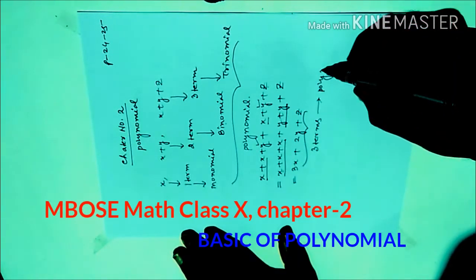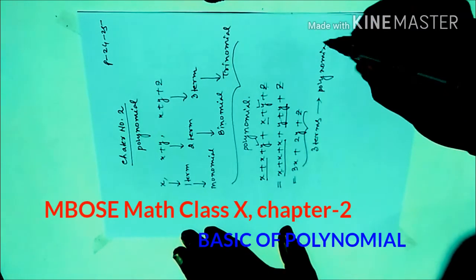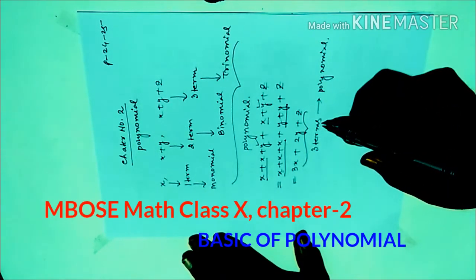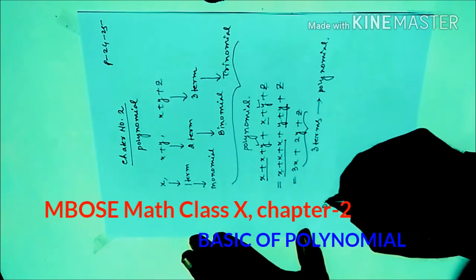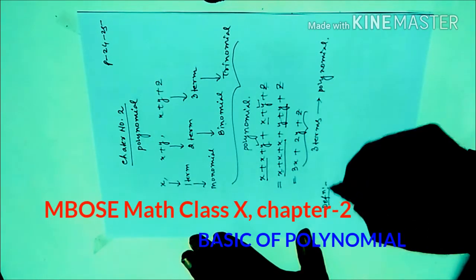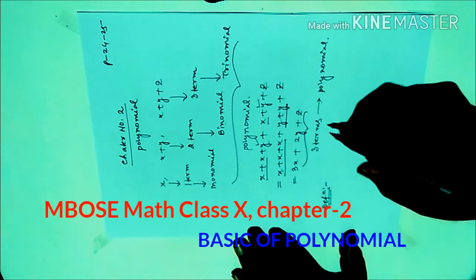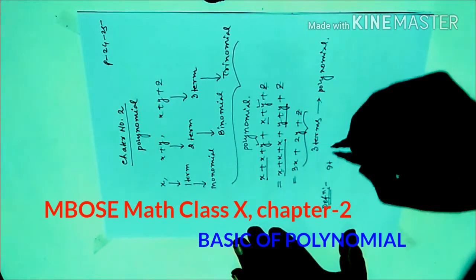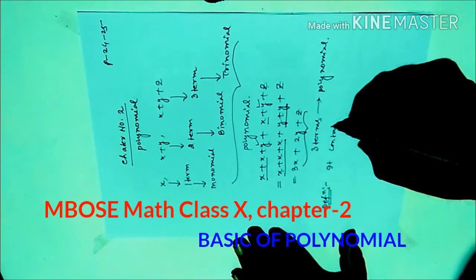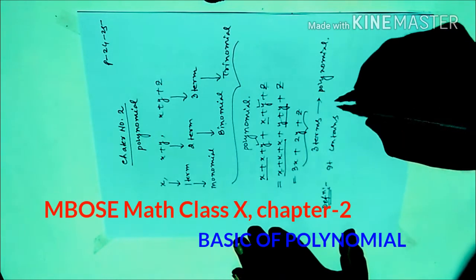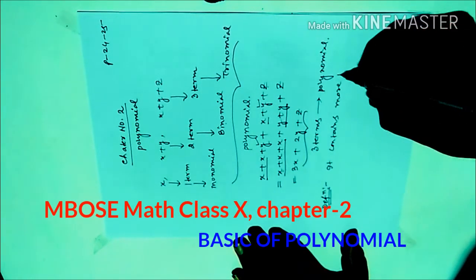Why is it called a polynomial? Because it contains more than one term. The definition of polynomial is this: what is the definition of a polynomial? An algebraic expression with more than one term.